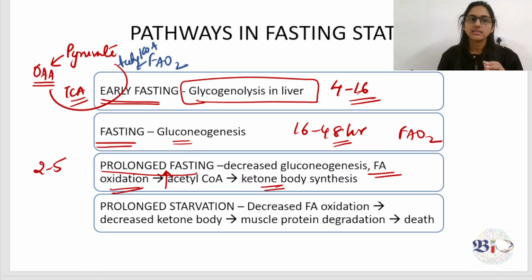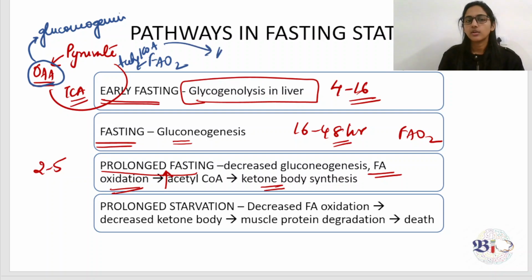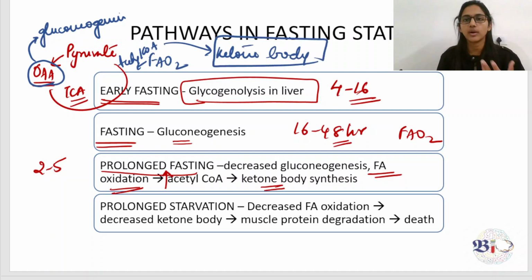But here, since oxaloacetate, one of the intermediates of the TCA cycle, is used up in the gluconeogenesis pathway, there is less oxaloacetate to carry on the TCA cycle, right? So what happens instead? The acetyl CoA, instead of getting into the TCA cycle, will be diverted towards ketone body synthesis. Yes, ketone body synthesis. So this is what happens.